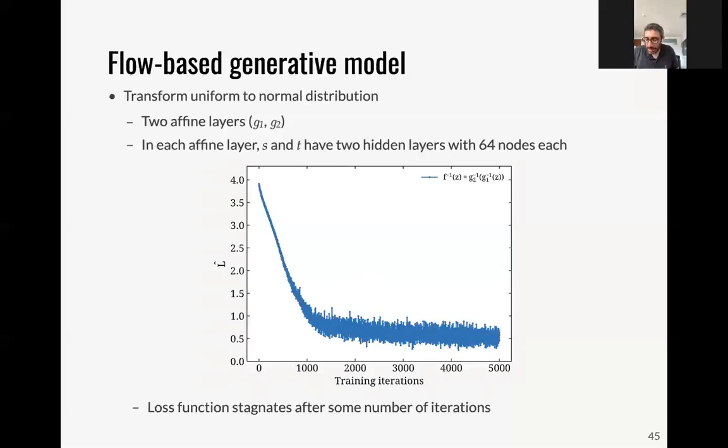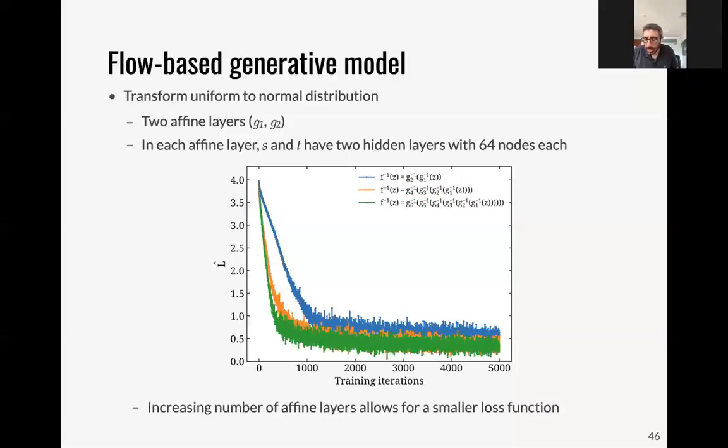But in any case, just to see if you want to also check the effect of, for example, why only use 2 affine layers here? Indeed, if you use more than 2 layers, then what you get is something that might converge to a slightly lower loss function faster. But of course, this has more parameters. These G's, this is a larger chain, so each one of these now has its own S network and T network.